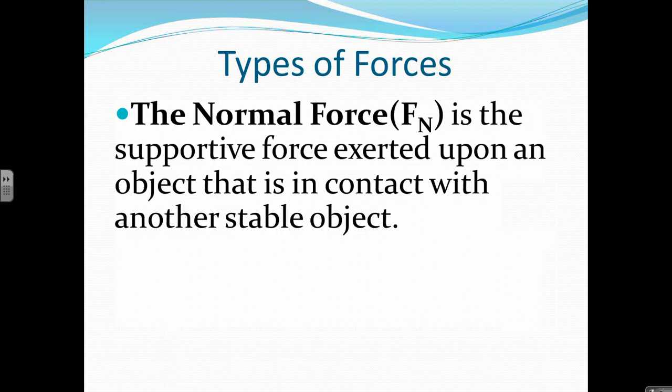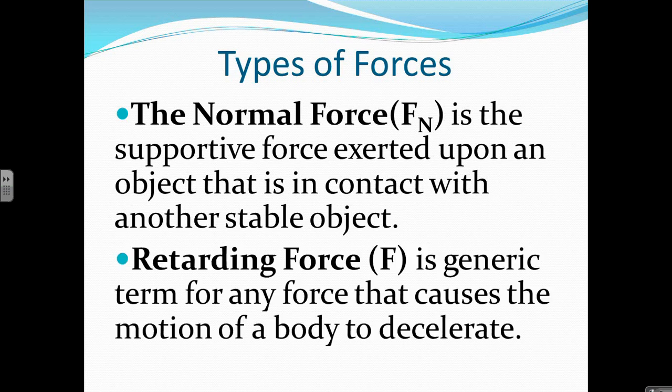Normal force is the supportive force exerted upon an object in contact with another stable object. This force arises whenever one object is resting against another. There's a force acting between the two. This is the normal force. Retarding force is a generic term that refers to any force that causes the motion of an object or body to decelerate.